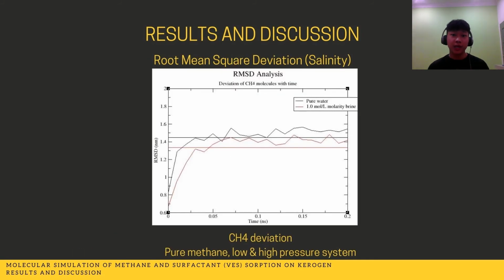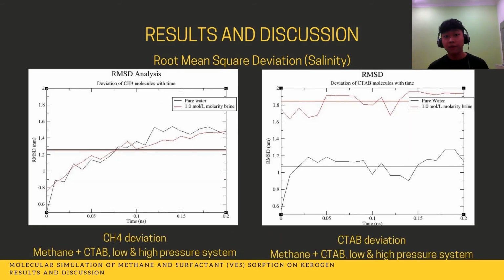When it comes to salinity, it relates more to the electrostatic forces. Given that the methane itself already has low solubility in water, the inclusion of ions from salt further reduces the solubility of methane, thus slowing the displacement and adsorption effect of methane. On the left, it can be seen that the difference for high and low salinity is not that much for the deviation of methane, but the deviation of surfactant CTAP is definitely higher in a high salinity system, as can be seen from the right picture.